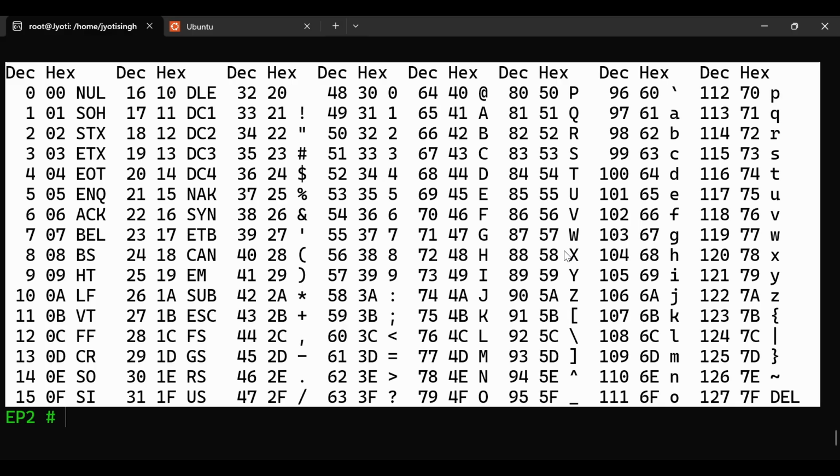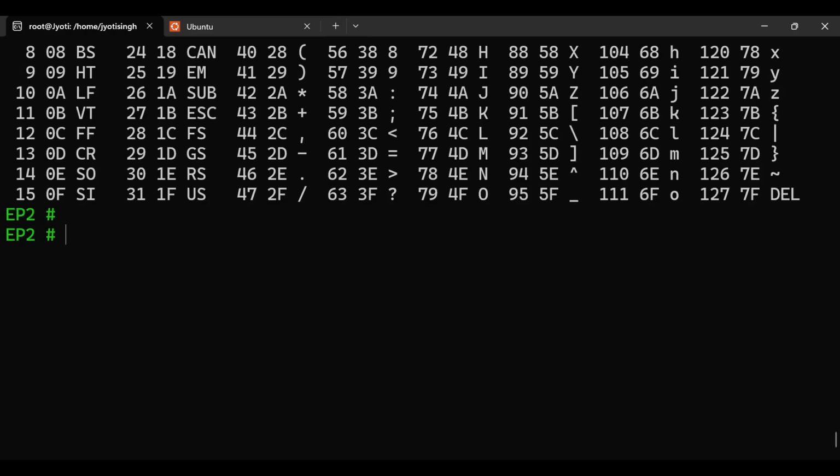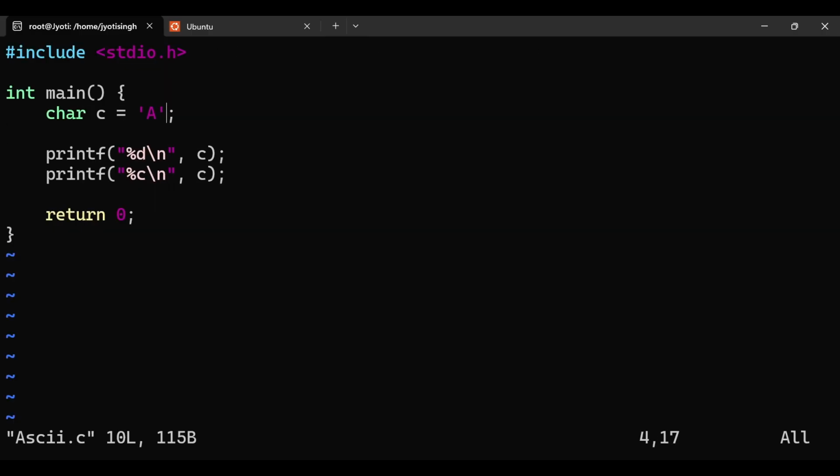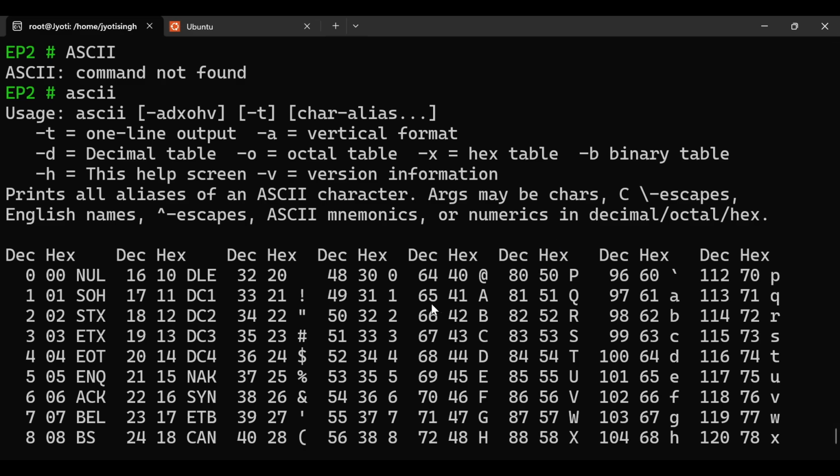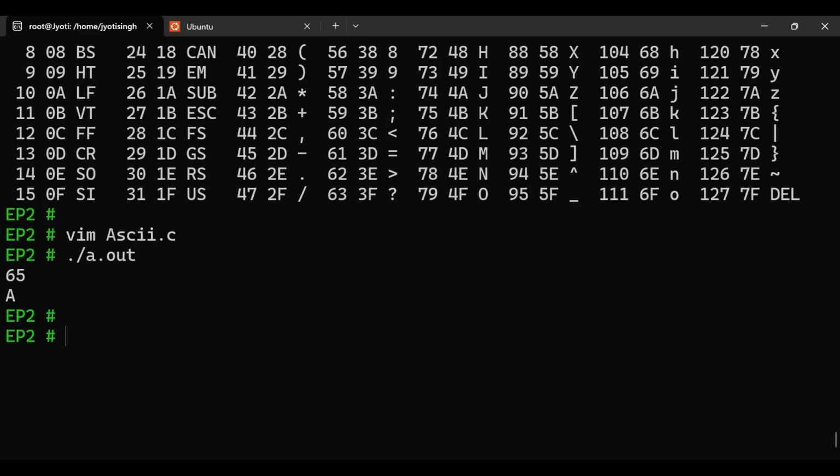Because of ASCII encoding, we get the ASCII value of A: 65 in decimal is represented by A. So this term is ASCII encoding, where every character is encoded to its corresponding ASCII format.